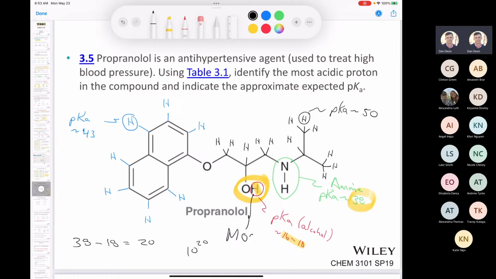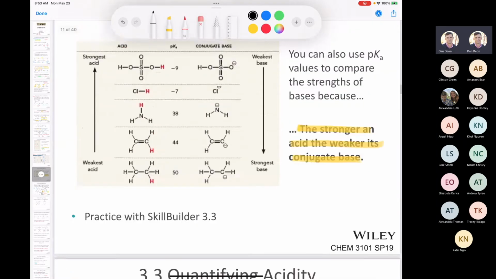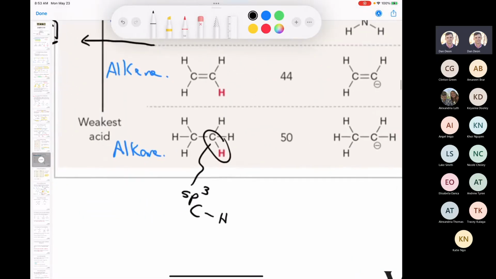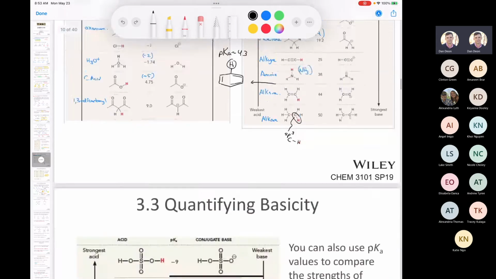Therefore, it is the most acidic by a long shot. It's not even a contest. Because if the hydrogen is attached to an sp3 hybridized carbon, and this is sp3, if we go back to the table, the only time any of these red protons attached to an sp3 hybridized carbon show up is the alkane. And an alkane has a pKa of around 50. There you go. All right, well, let's move on.